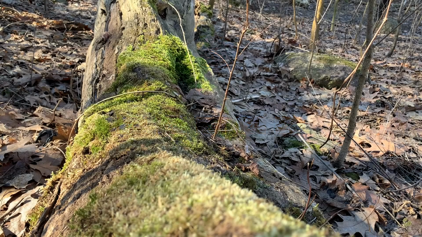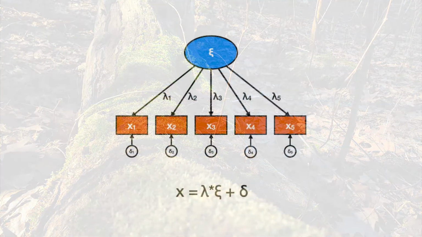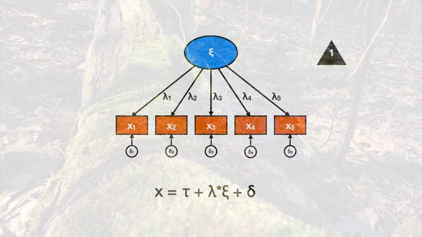Measurement invariance is an approach that seeks to account for the existence of subgroups in the population you are trying to measure. It achieves this by extending the CFA model by allowing groups to have different means for one or more of the measured variables.